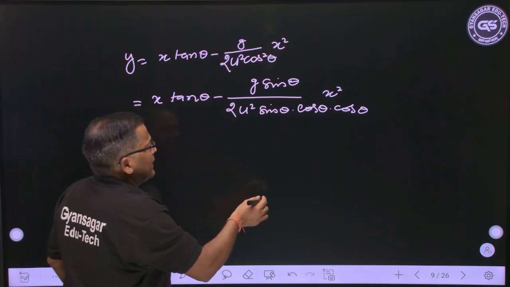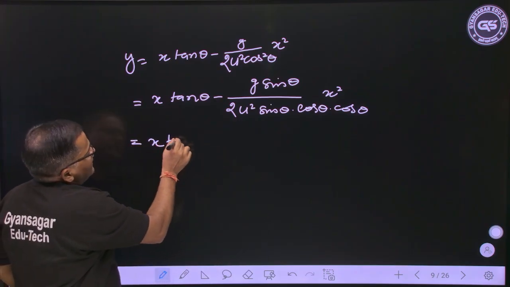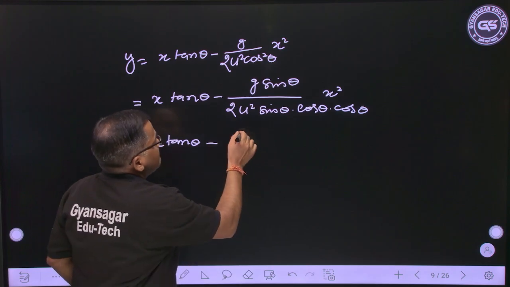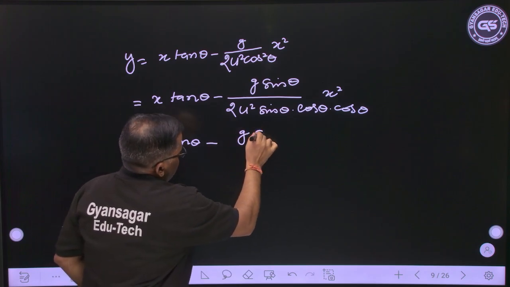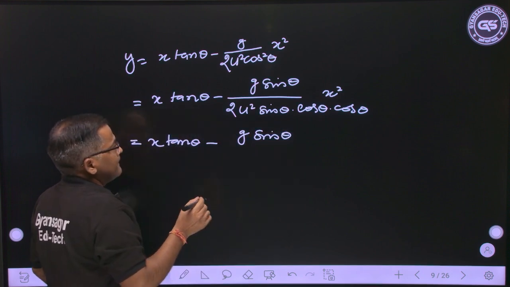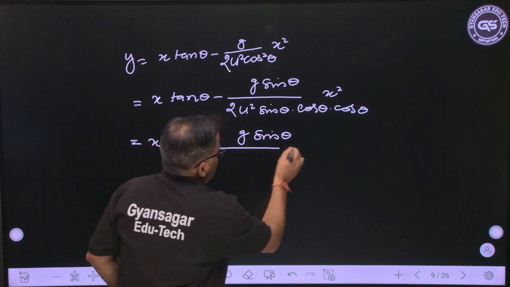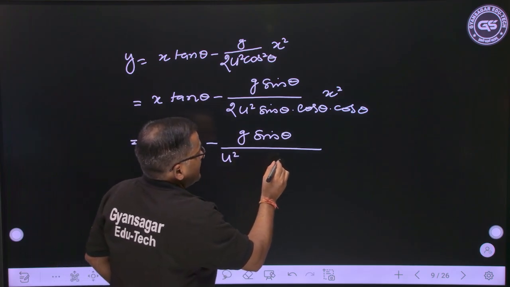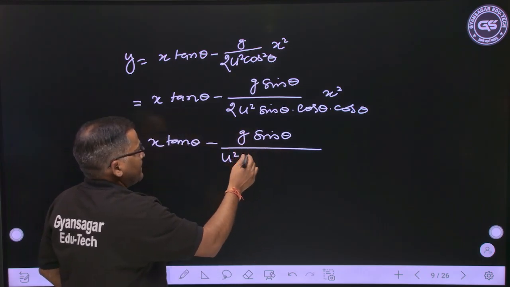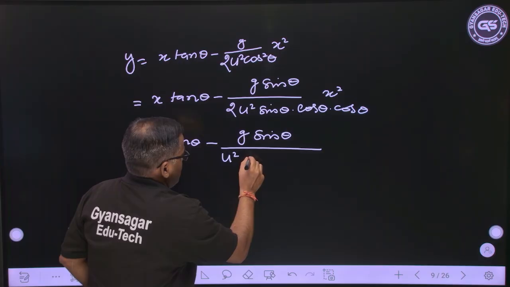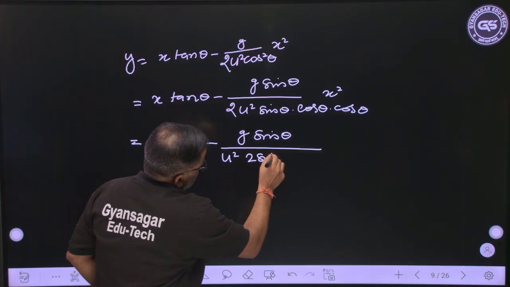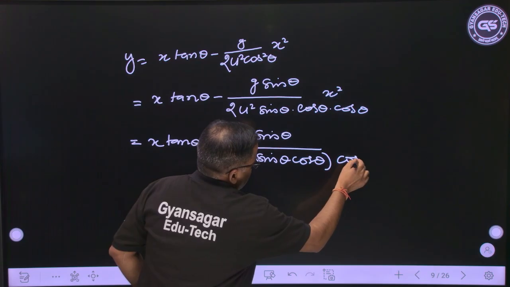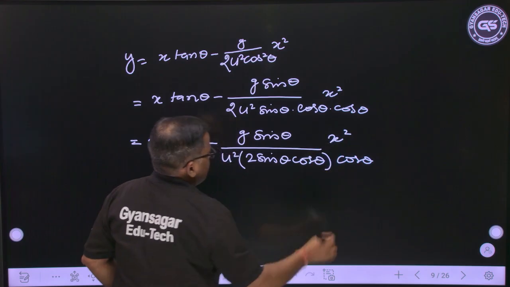So, now we can do one thing. X tan theta minus g sin theta by u square 2 sin theta cos theta into cos theta to x square.